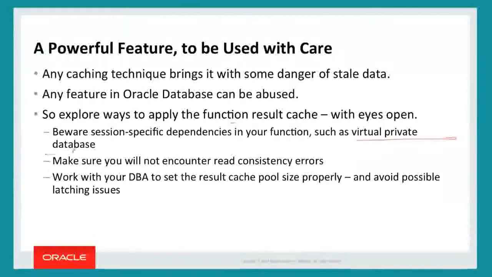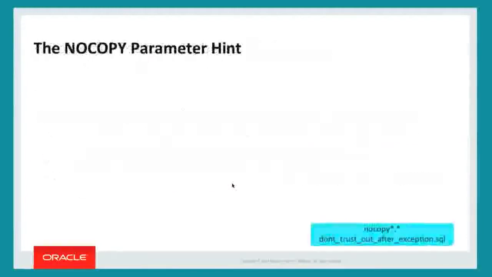I don't know if you use that at Anthem or your company, in case other people watch this video, but virtual private database is a powerful feature that offers row-level security, and it can really mess with the function result cache. Watch out for potential read consistency errors, and work with your DBA to make sure the result cache pool size is set properly and avoid possible latching issues.